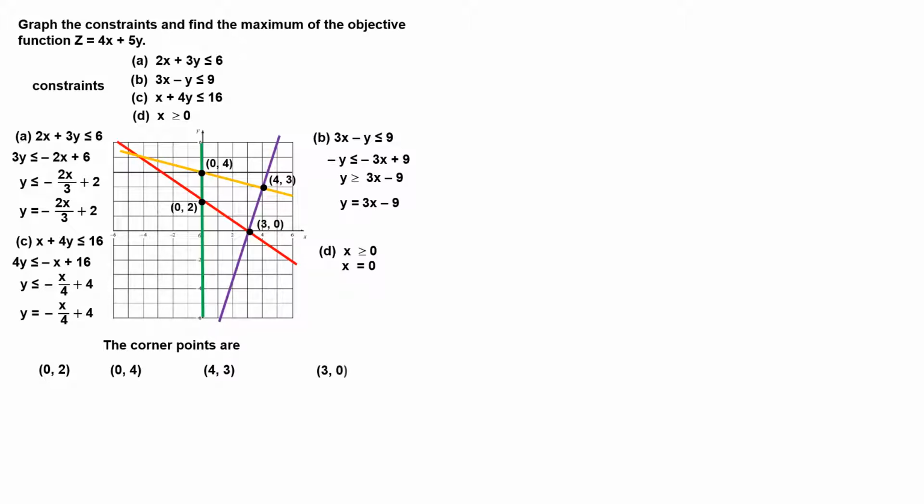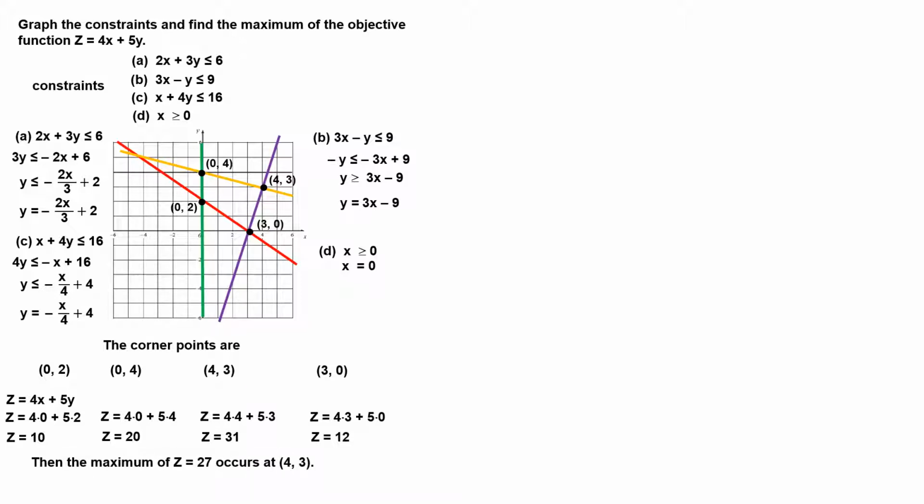Substituting these 4 points into the objective function, we get that the maximum of Z is 27, which occurs at x value 4, y value 3.